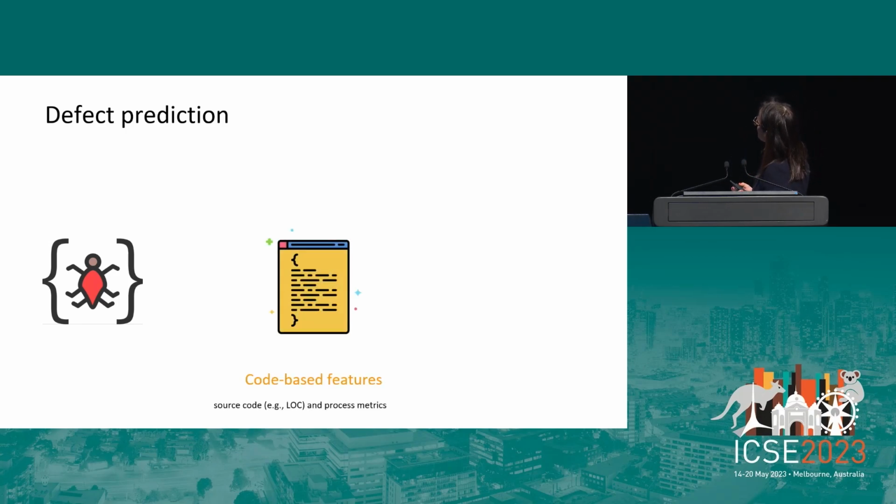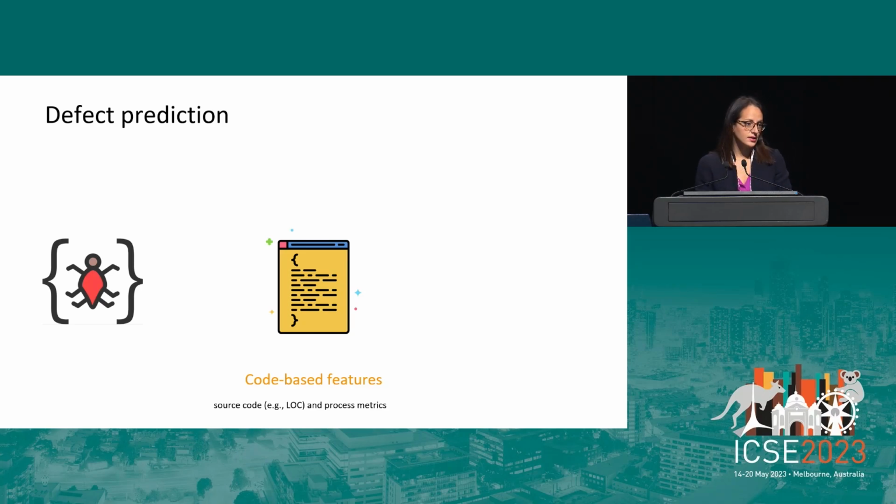So the state of the art: state-of-the-art defect prediction techniques mainly rely on code-based metrics related to the source code or to the process itself. In many cases, classifiers are trained using, for example, supervised machine learning that leverages such metrics.